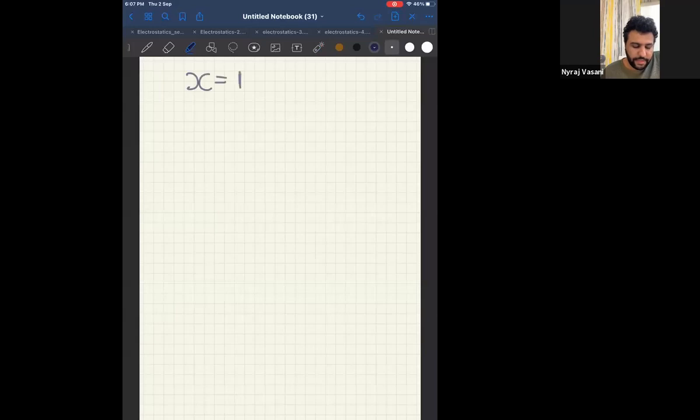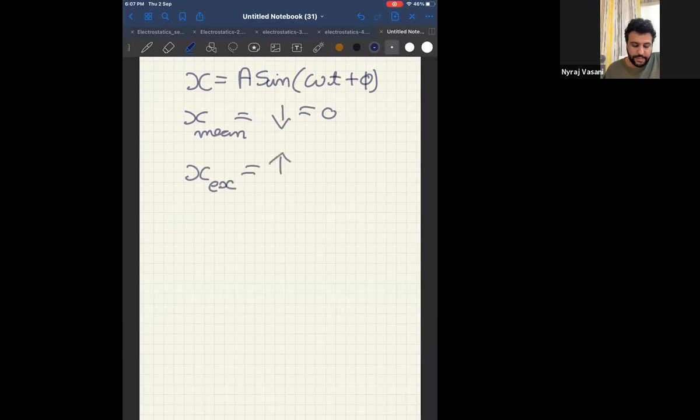What is the general formula? x is equal to a sine omega t plus phi. What is the next formula? Displacement at mean position is minimum, which is 0. Displacement at extreme position is maximum, which is plus or minus a.